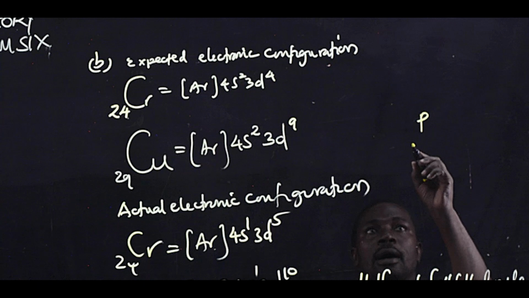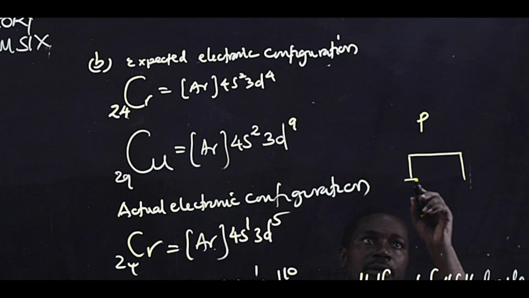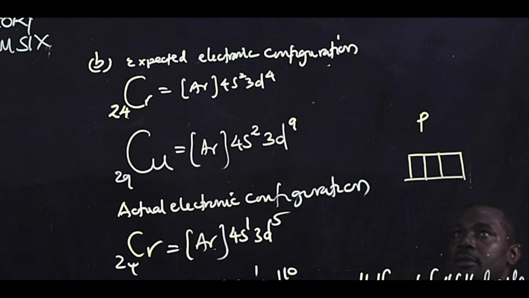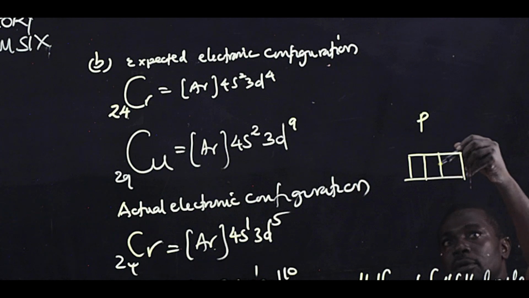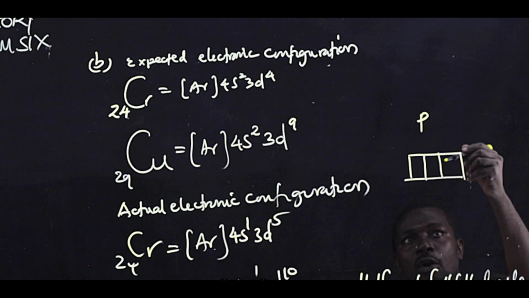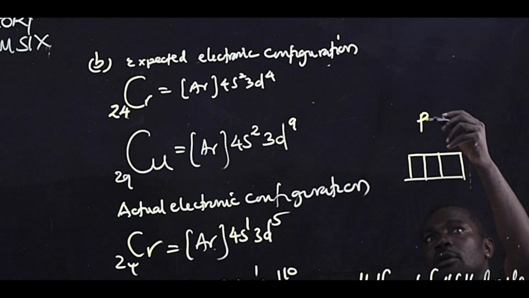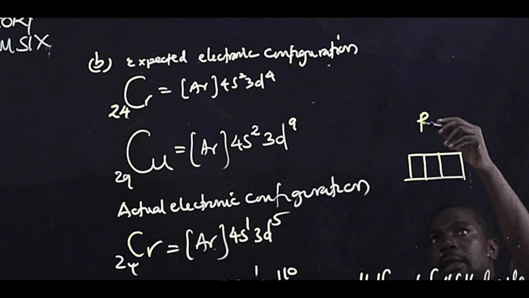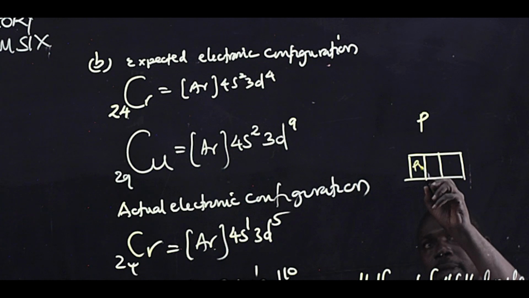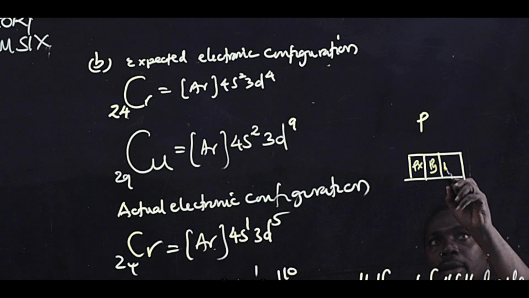The p orbital has 3 orbitals in total. So these 3 orbitals are specified by using the orientation of the p orbital. The first orbital is specified as px, the second py, and the third one pz.